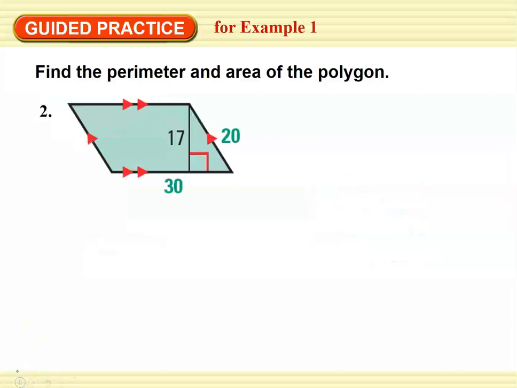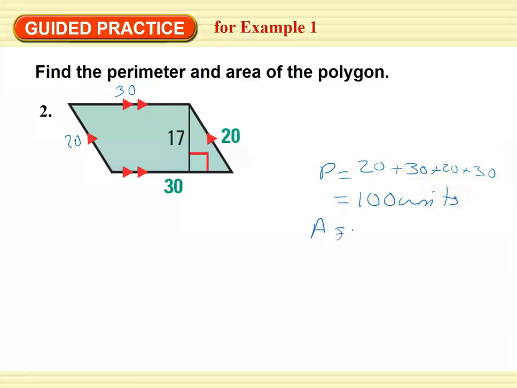All right, this shape is a parallelogram. So for perimeter, we need to add up all the sides, but we're only given 2 of them. Fortunately, we've learned that in a parallelogram, opposite sides are the same. So that's 20 plus 30 plus 20 plus 30. That's 50 right there, and 50 right there. So that equals 100 units.